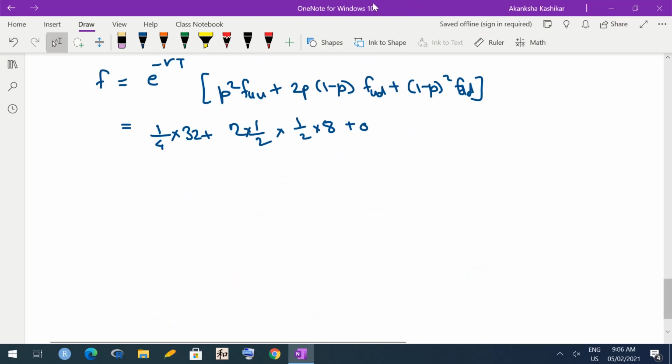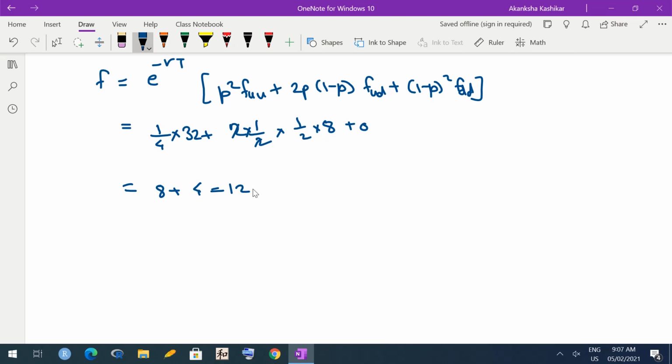Okay, so this becomes 8 plus 4, so 12, right? Okay, so the value of the option becomes 12 rupees, value of the European option.